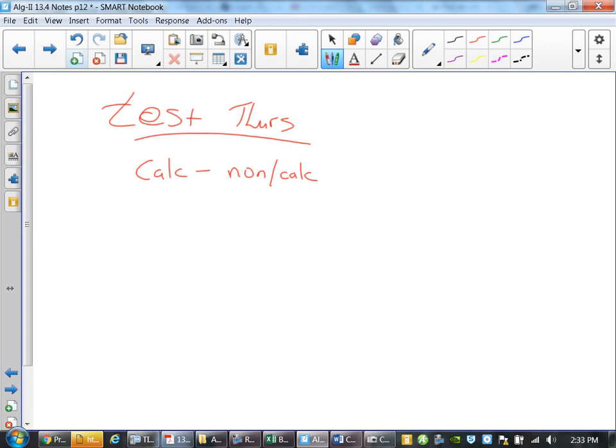That would probably be a good idea. 13.1 is SOHCAHTOA. We're not doing it. Didn't I just say law of sines, law of cosines, I'm not putting on here?